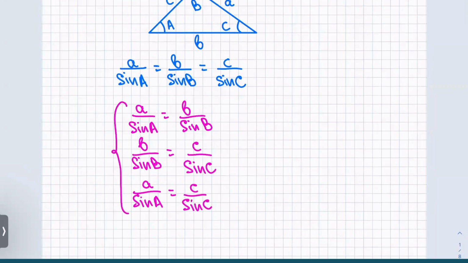So this double equality above is equivalent to these three single equalities below, but they have to hold simultaneously. That's why I denoted it as a system. They all have to be verified. They all have to hold, all three. And it's exactly the same as that double equality here.